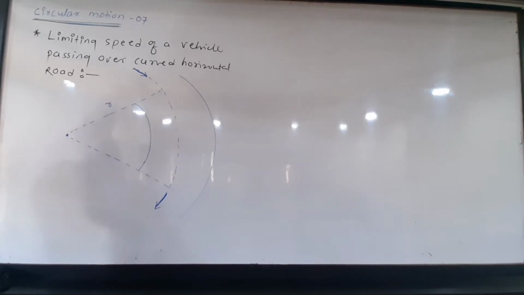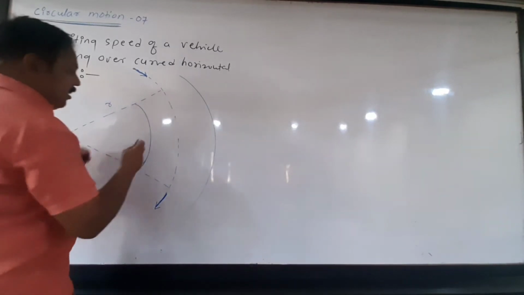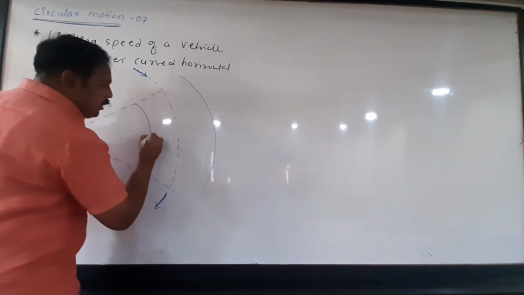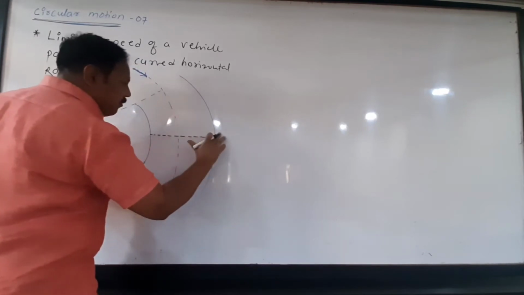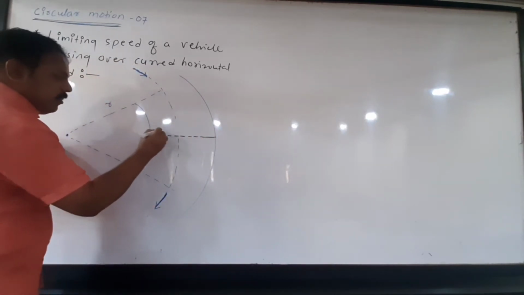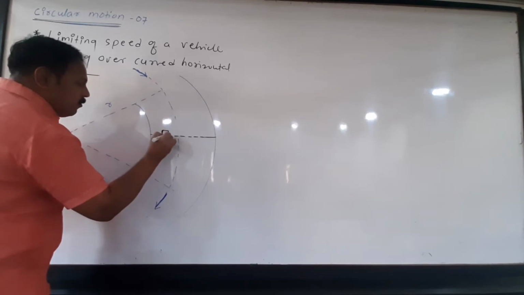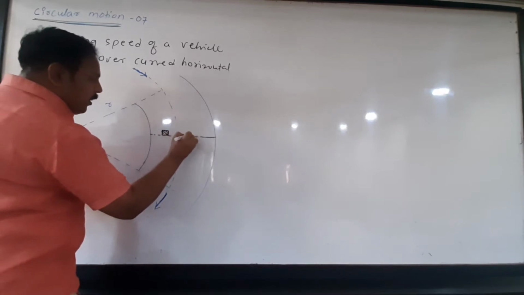Okay, now see here, when we are observing the vehicle from the front side, if the vehicle is present at this position, this is the horizontal level. Okay, this is the cross section of the road, and from the front view the vehicle appears like that. See here, these are the wheels of the vehicle.